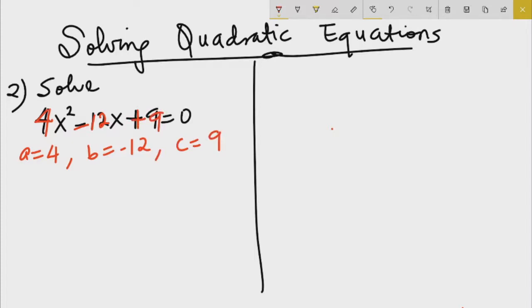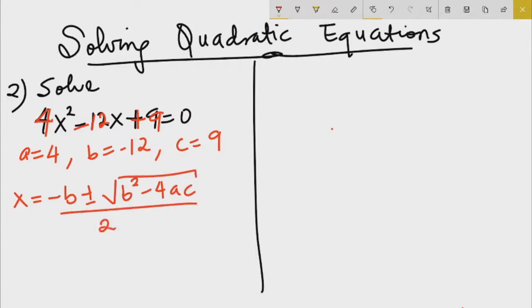Once we identify this, we need to write out the quadratic formula. The quadratic formula is x equals negative b plus or minus the square root of b squared minus 4ac, divided by 2a. Once you write it out, all we need to do is substitute the values into it.